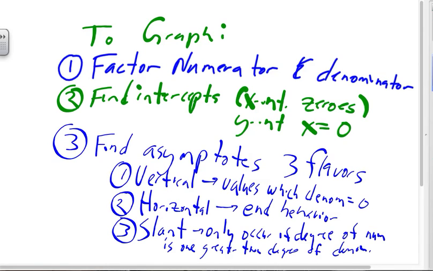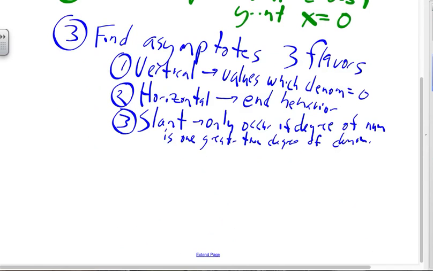And you'll find these, and I'll work an example of this. To find these, we're going to use synthetic division. Usually, you can also use long division.